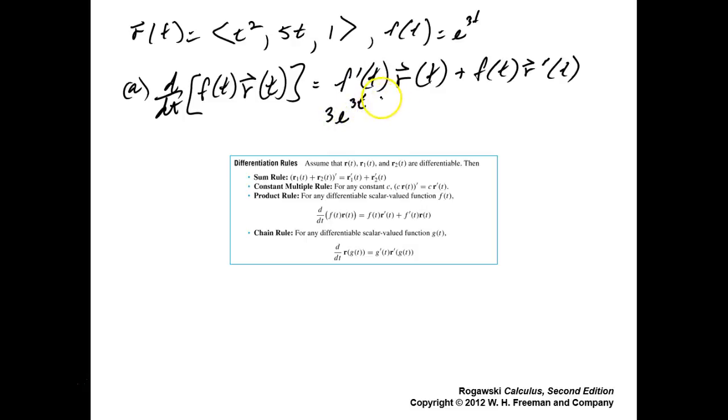That's f prime of t times this vector function, t squared, 5t, 1, plus e to 3t times, what's r prime? So again, 2t, 5, 0. Okay, we can carry that another step, and what would that be?